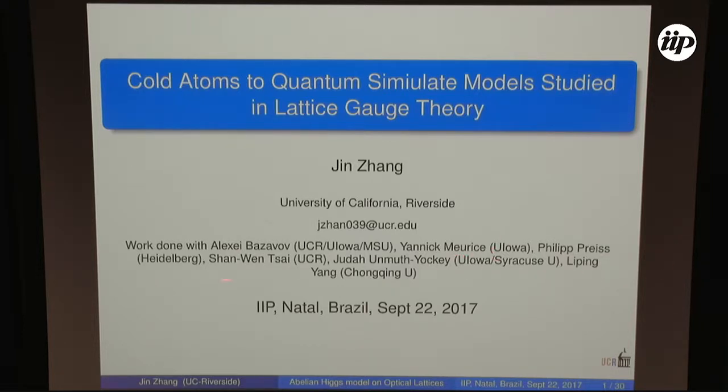Philipp Hauke is from Heidelberg University, and Shan-Wen Tsai is my advisor. She gave a talk on Wednesday. I think you know her. And Judah Unmuth-Yockey, who is now a postdoc at Syracuse University, and Li-Ping Yang from Chongqing University in China.